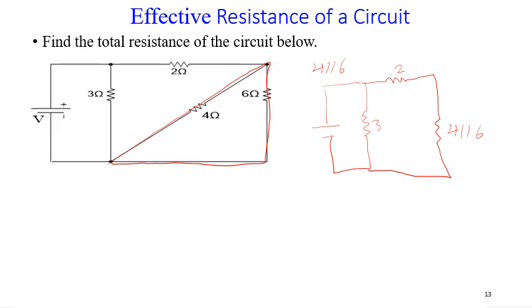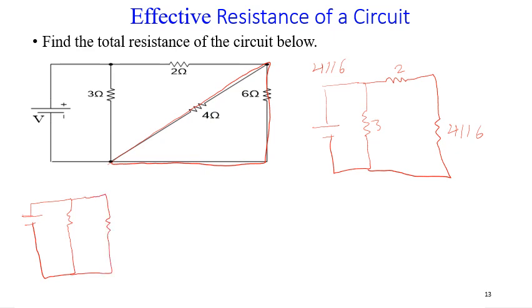We observe that this and this are in series. So we can redraw the circuit again. I always prefer that you redraw the circuit to understand things better. As you continue to redraw the circuit, you will really get to know what you are doing.